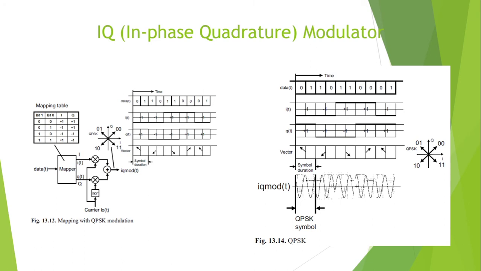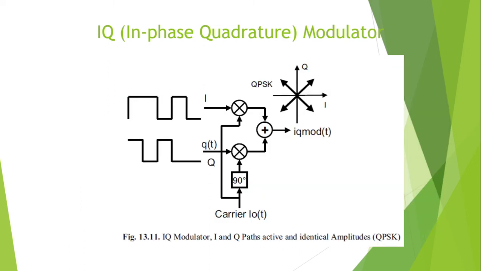So we can switch the carrier between 45 degree, 135 degree, 225 degree and 315 degree. This is referred to as quadrature phase shift keying. There are 4 phases, right? QPSK. Allowing any voltages for I of t and Q of t, any desired amplitude and phase can be generated for IQ mod of t.